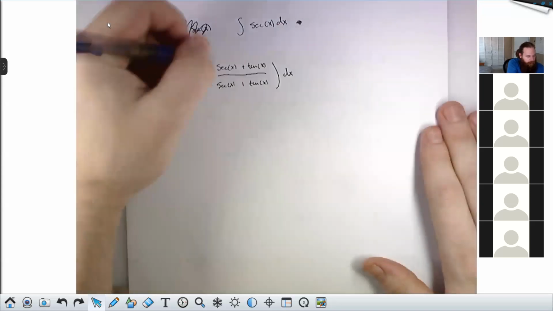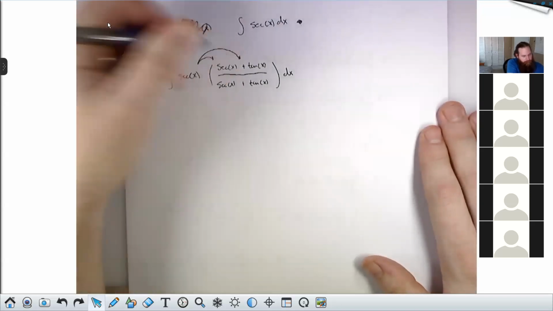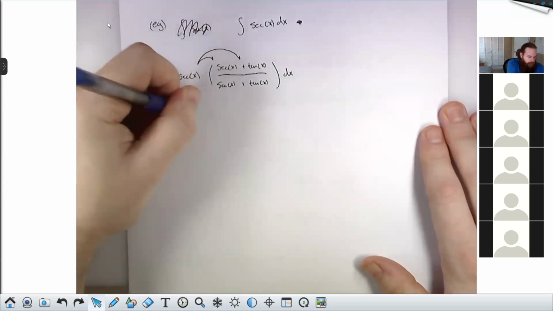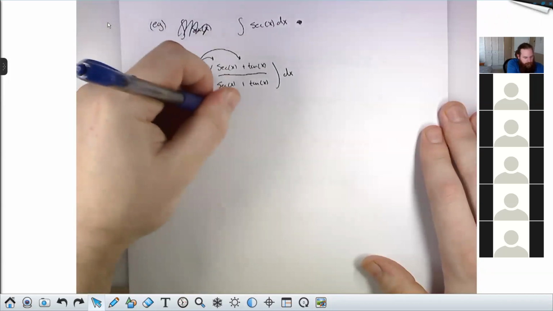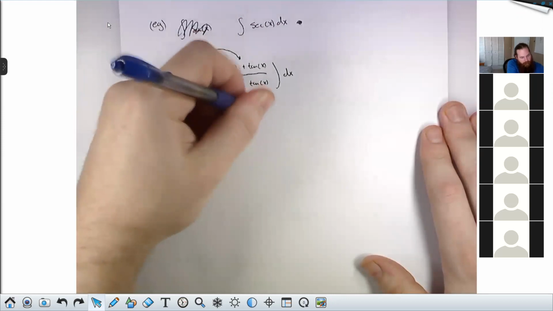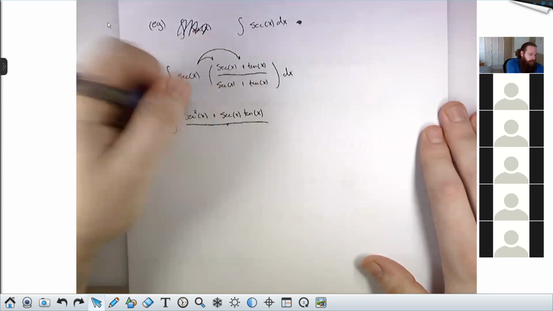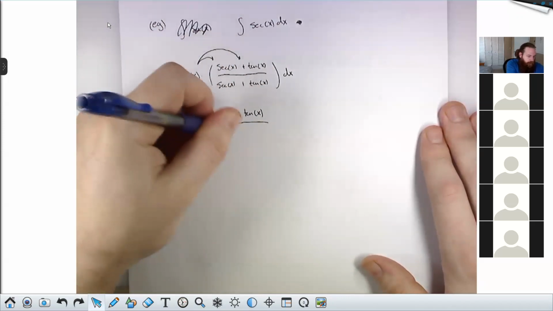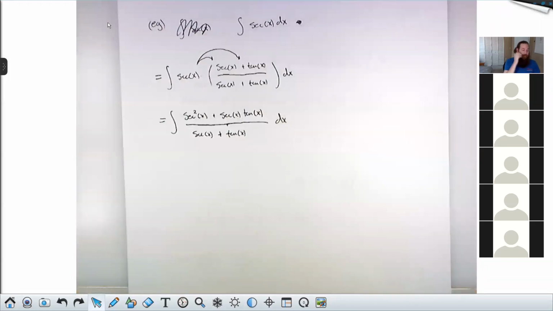If I then distribute this over the numerator, I get the integral of secant squared x plus secant x tangent x, divided by secant x plus tangent x, dx.